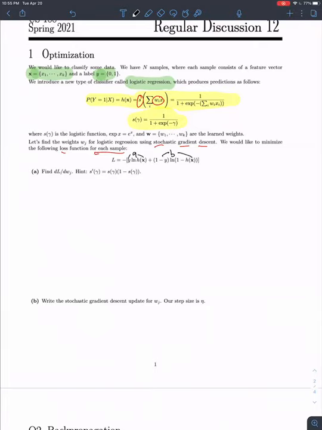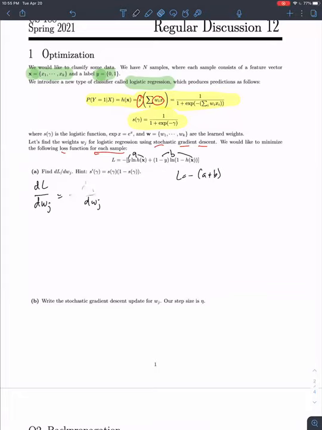Now we find dL dwj, where L is for loss and wj is each weight. L is minus A plus B, so the derivative of L with respect to wj is minus dA dwj.